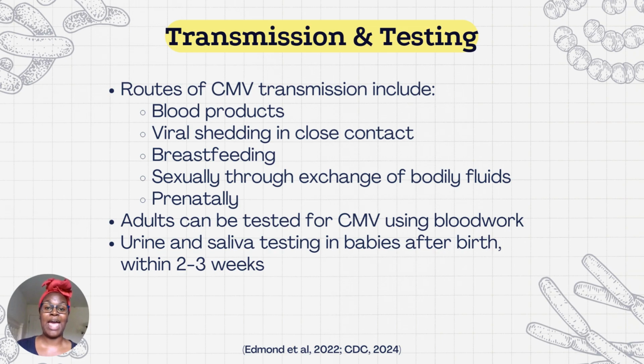So now that you know a little bit more about CMV, you might be wondering, how is it transmitted and how can you test for it? CMV is contracted through exchange of bodily fluids. Some routes of CMV transmission include blood products such as transfusions, viral shedding and close contact, sexually through the exchange of bodily fluids such as semen or vaginal excretions, prenatally from the birthing person to the baby, and breastfeeding as well.